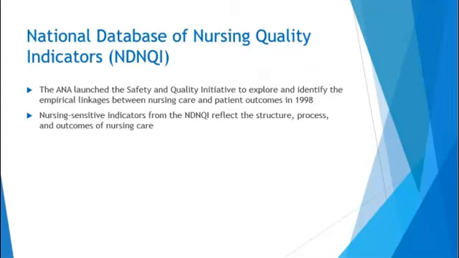Process indicators measure aspects of nursing care such as assessment, intervention, and job satisfaction. And then our client outcomes are determined to be nursing sensitive, and are those that improve if there is a greater quantity or quality of nursing care.